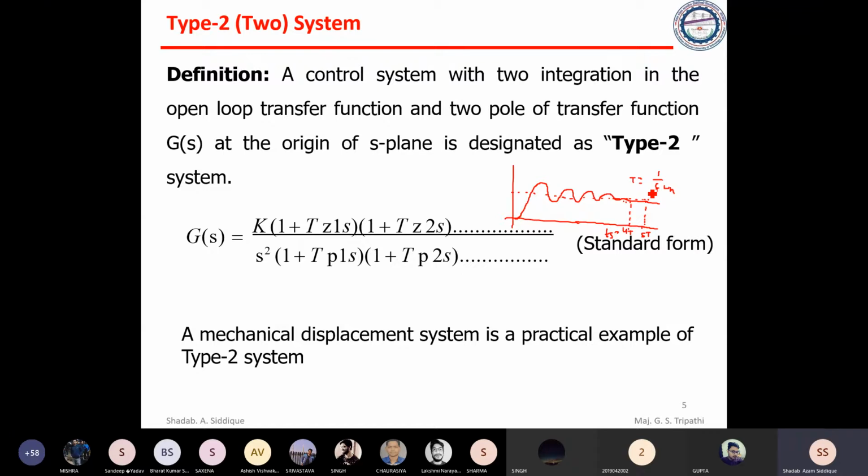Now this is for zeta between 0 and 1. We also went through what will happen when zeta is equal to 0, and when zeta is equal to 1.